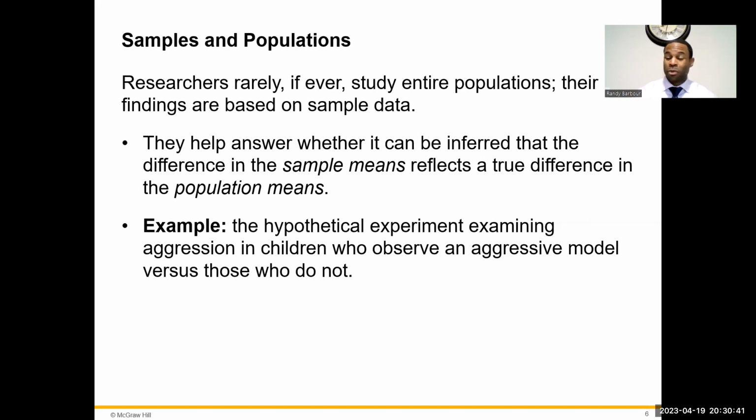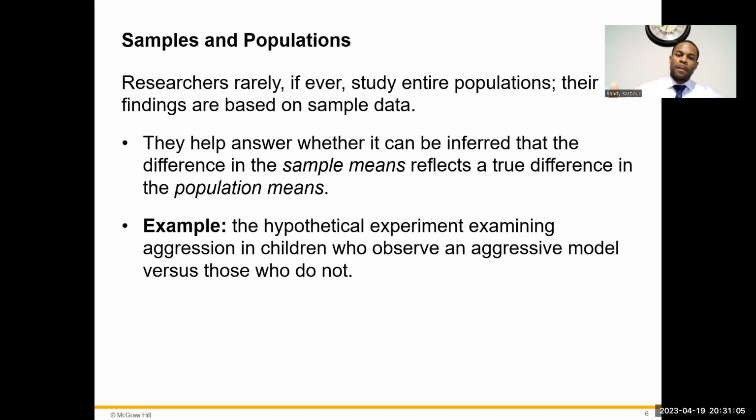So it helps us answer those questions where I want to know, is there an effect? Is there a difference? Is there a relationship? And I want to make sure that I have a more representative sample so that it can be generalized. And we'll talk about generalization in the next chapter, but I want to be able to generalize those results to the population and to everyone in the population.